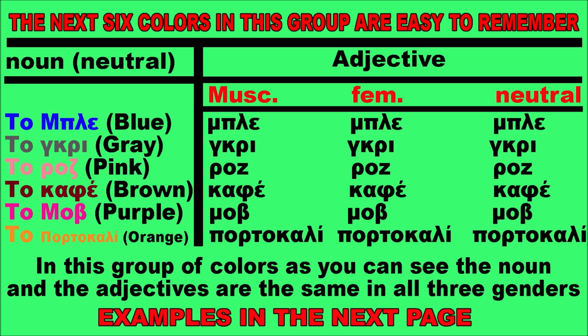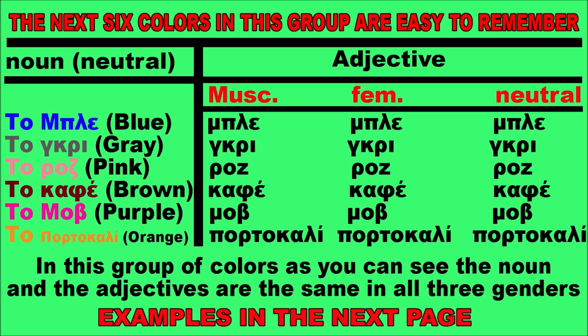Το ροζ, pink. And on the right, the adjectives ροζ for masculine, ροζ for feminine, and ροζ for neutral. Το καφέ, brown. And on the right, καφέ for masculine, καφέ for feminine, and καφέ for neutral.